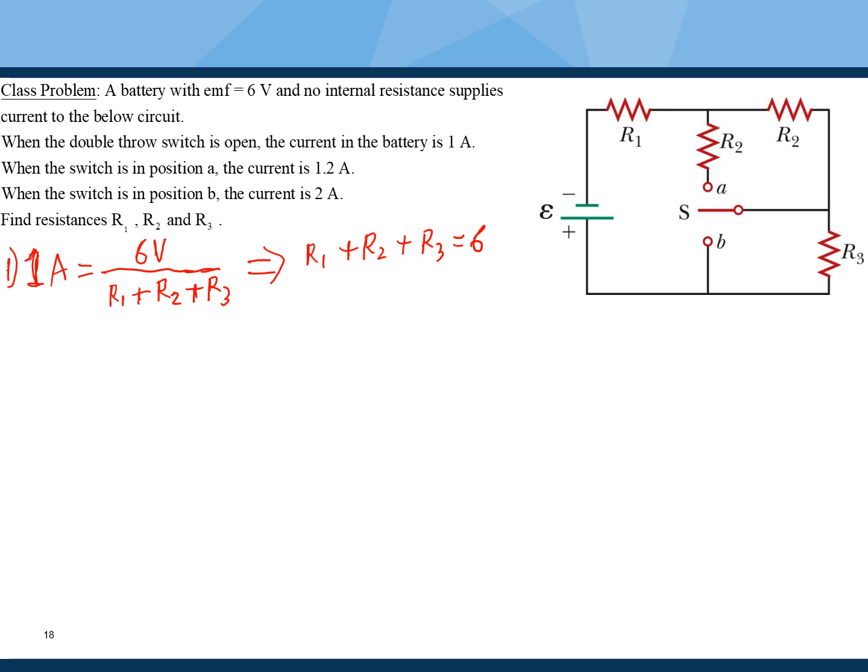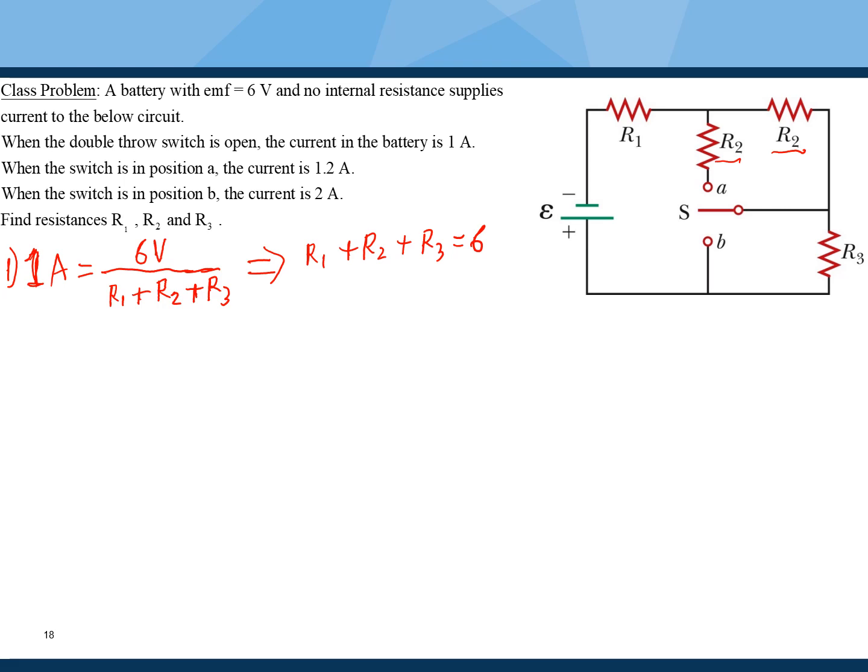In the second situation, we have the switch thrown to A. In that situation, we saw that the two resistors, this R2 and this other R2, are connected in parallel, and they effectively act as a combined resistance of R2 over 2.